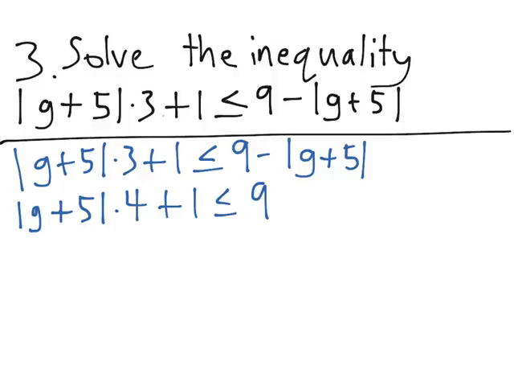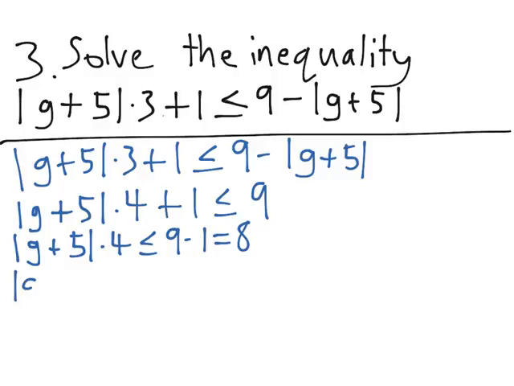Next, let's subtract 1 from both sides to get absolute value of g plus 5 times 4 is less than or equal to 9 minus 1, which is equal to 8. Now let's divide both sides by 4. We get absolute value of g plus 5 is less than or equal to 8 over 4, which equals 2.